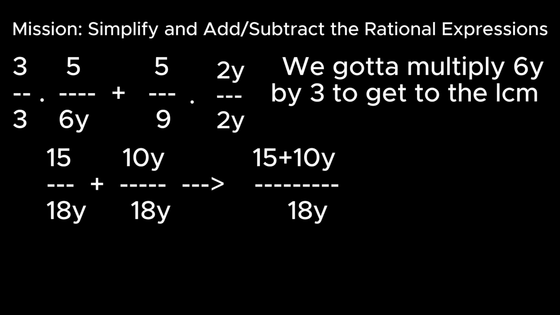And now you see how we have a common denominator. So we can combine these two fractions together, and we get 15 plus 10y divided by 18y. This cannot be simplified any further, so this is our final answer.